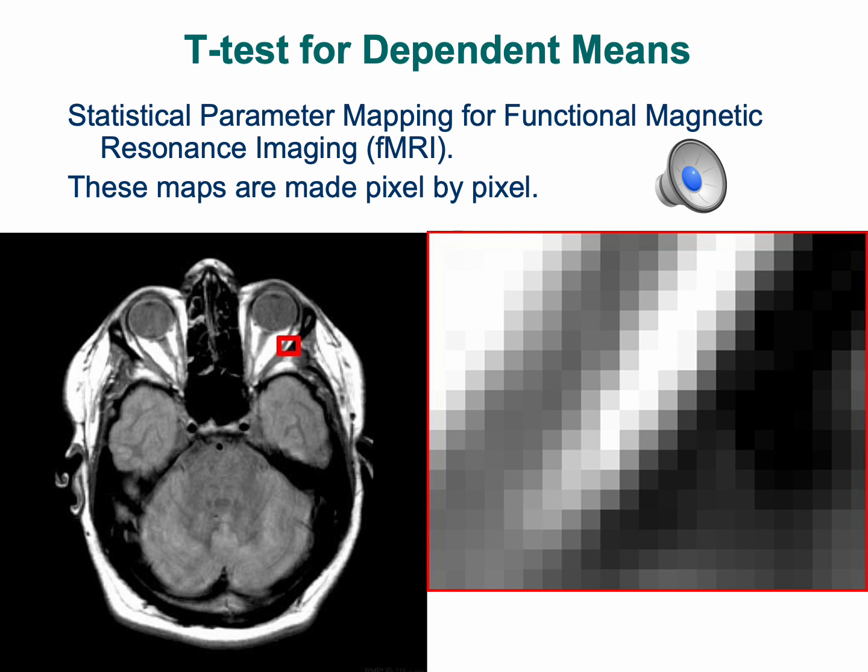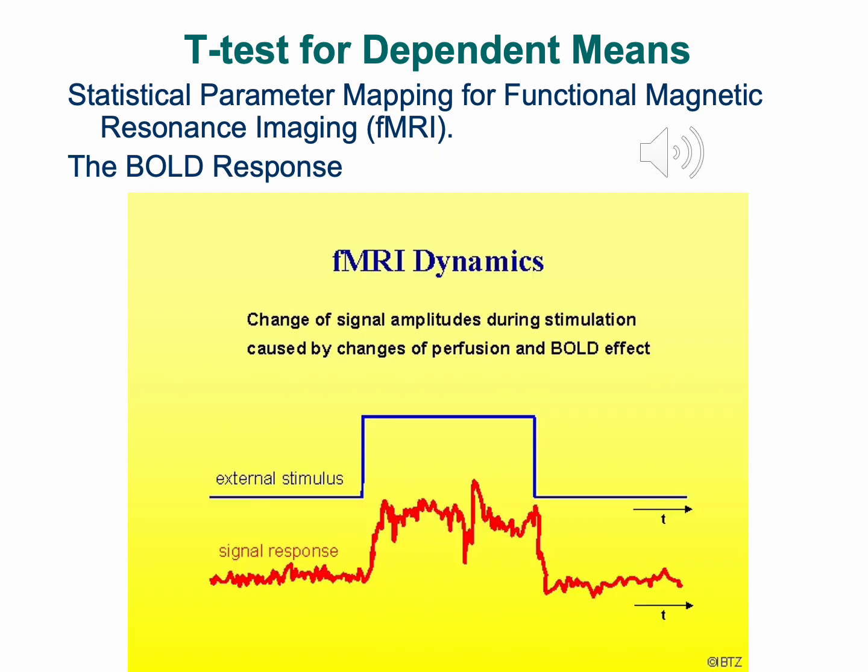And so you see the tissue being depicted because it varies in terms of the molecules that make it up. But an important thing about this is it's made pixel by pixel. So we have a signal strength for each pixel, and that's a number, which we're going to analyze statistically in just one moment.